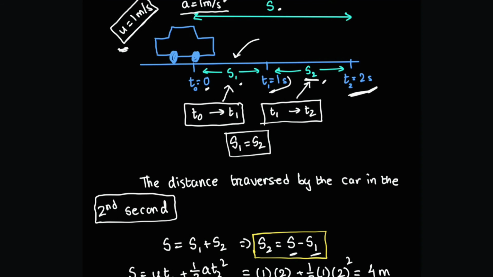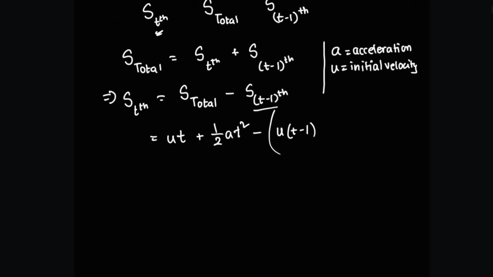We took into consideration t equal to 1, which is 1 less than 2. The case is similar over here as well. So we say u times t minus 1 plus half times a times t minus 1 whole squared.